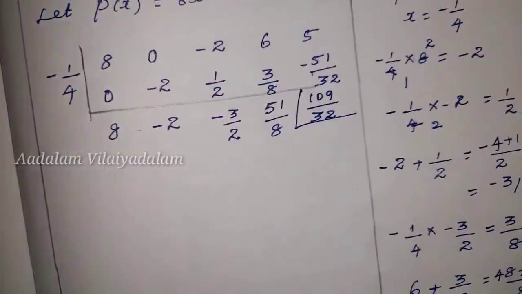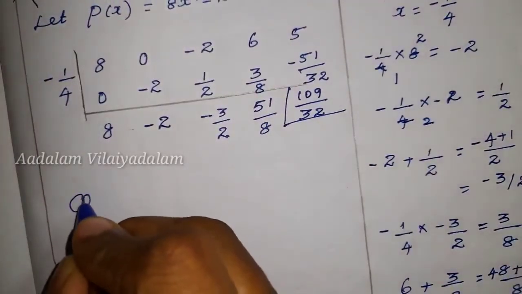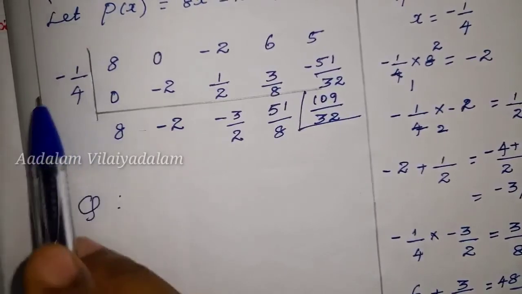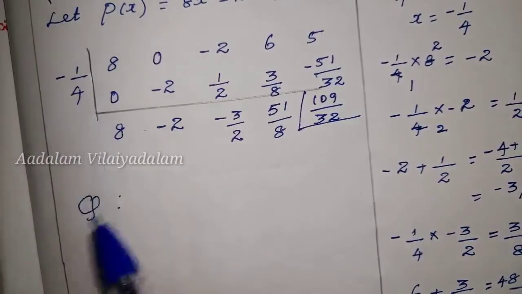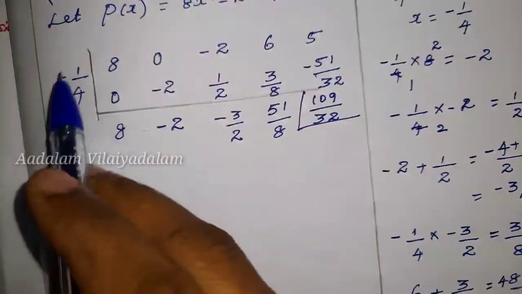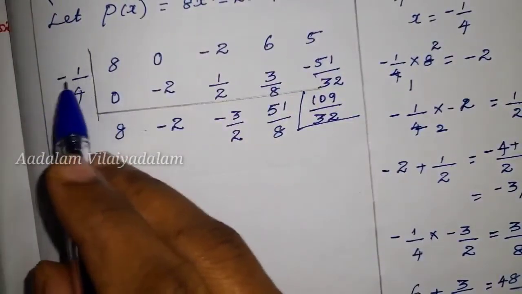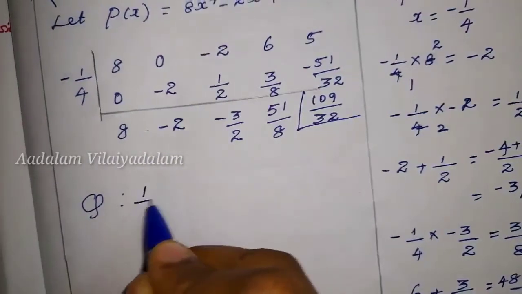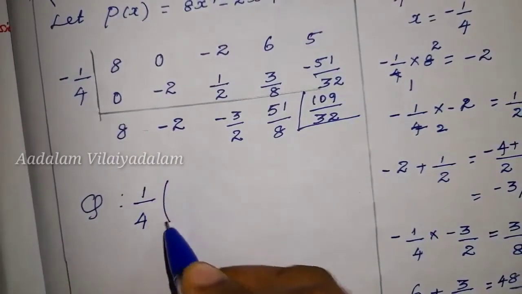Now how to write the quotient value? See here, the fraction's denominator, that is 1 by 4, don't consider the numerator value, and sign value also, take only the denominator. Just take 1 by 4 into this.